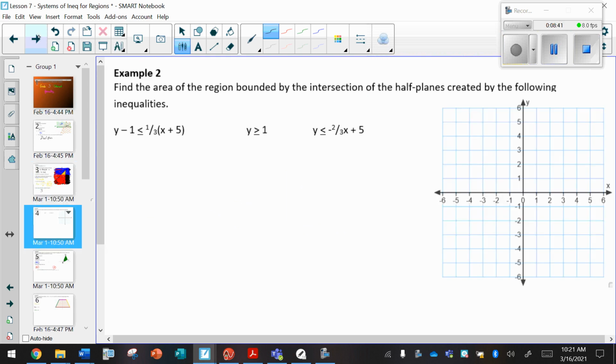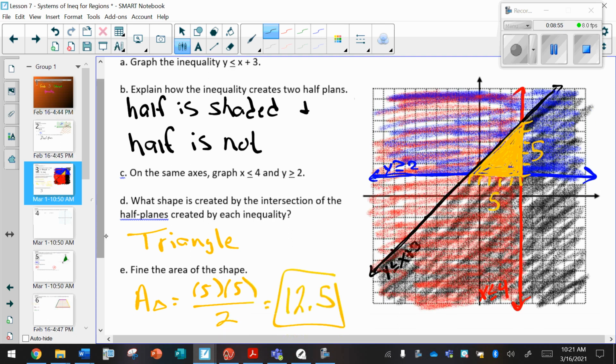Okay, next, find the area of the region bounded by the intersection of the half planes created by the following inequalities. Moving forward, we're going to limit all the coloring and avoid this situation where I have a big giant blob of colors.